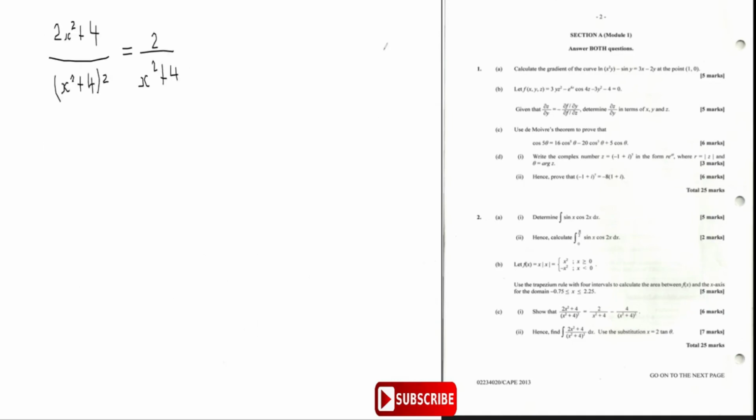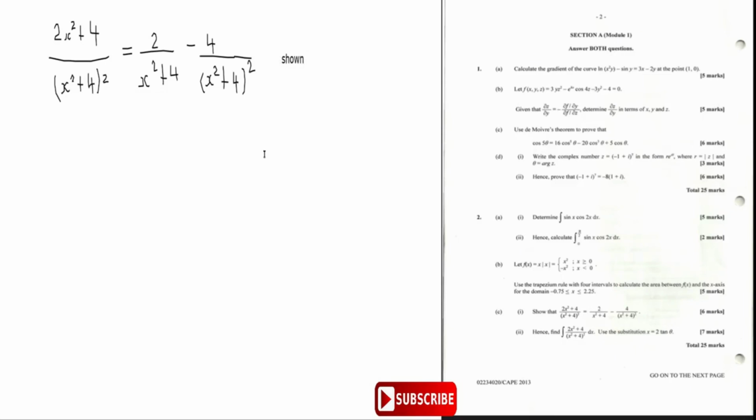So it just works out to be minus 4 over x squared plus 4 all squared. And so we've shown that.